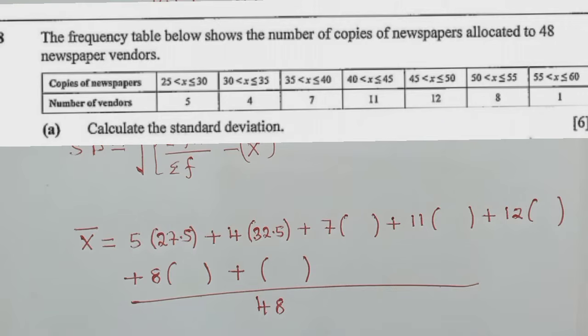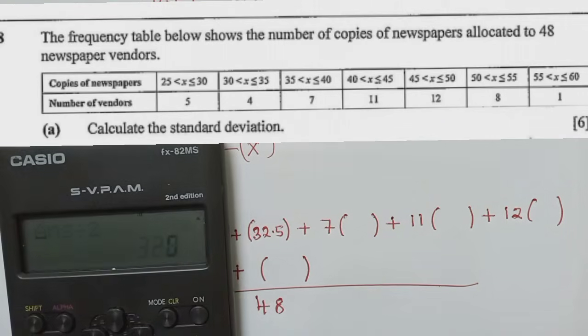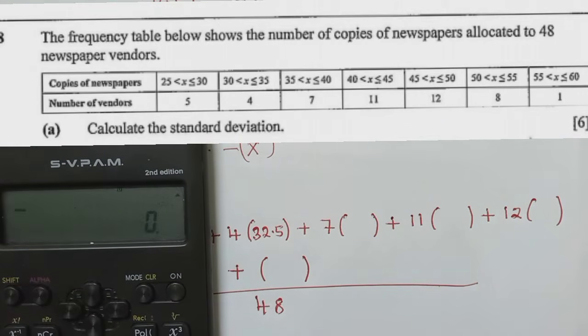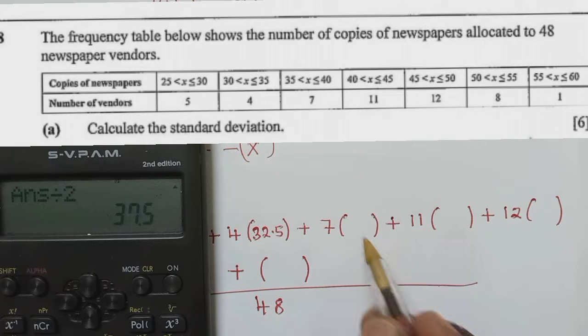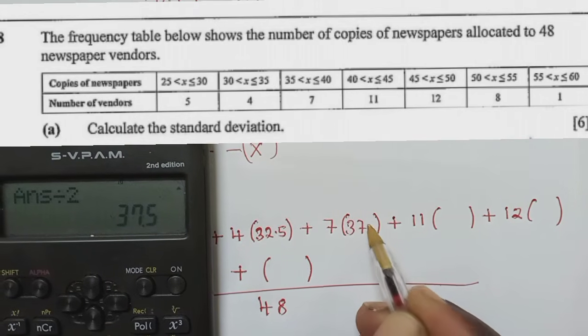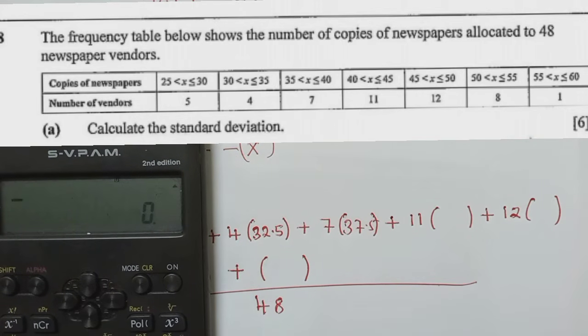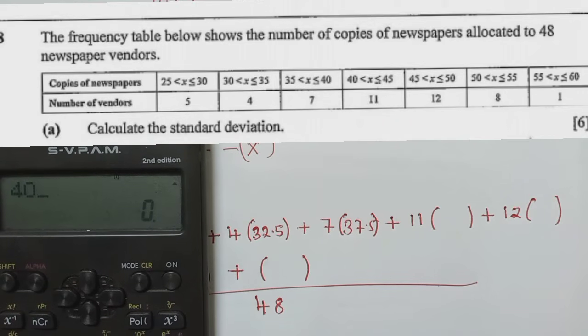We do the same for the next one: 35 plus 40 divide by 2, that is 37.5.